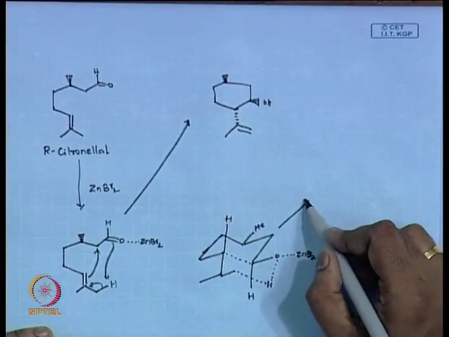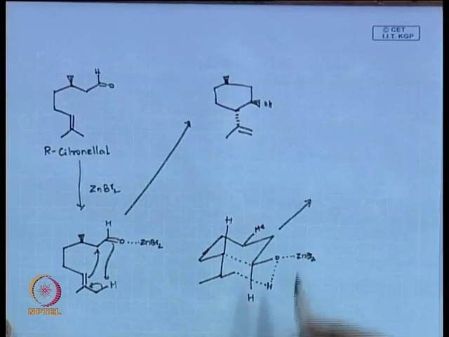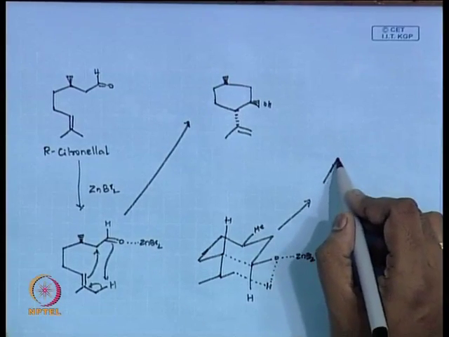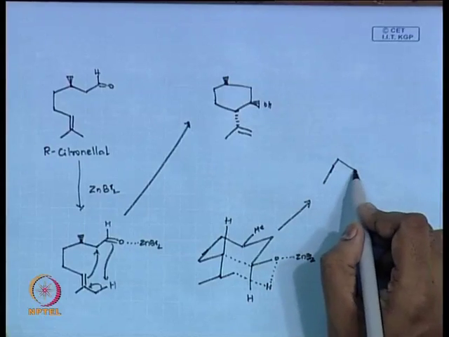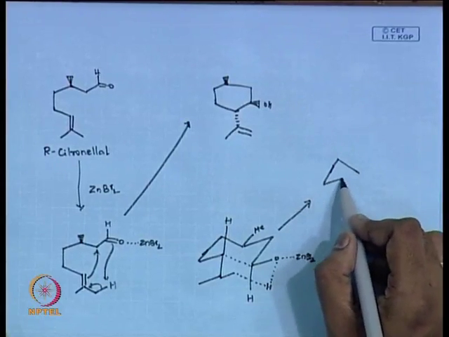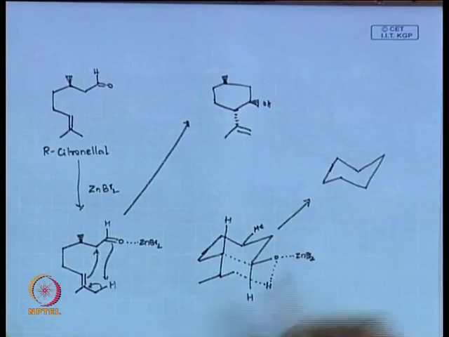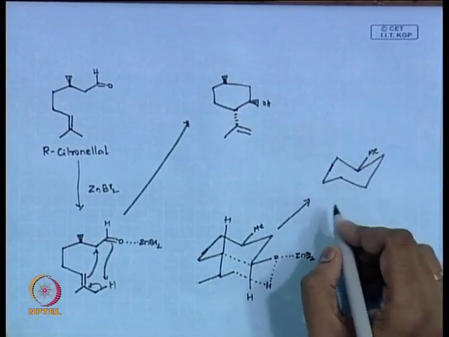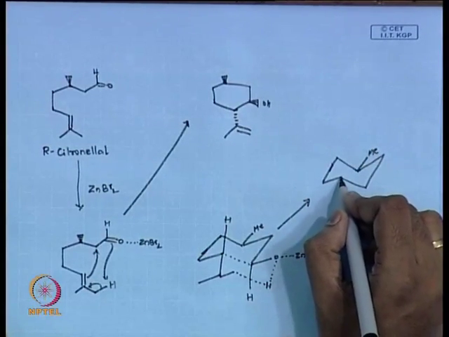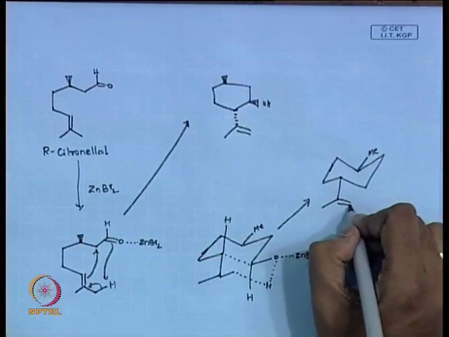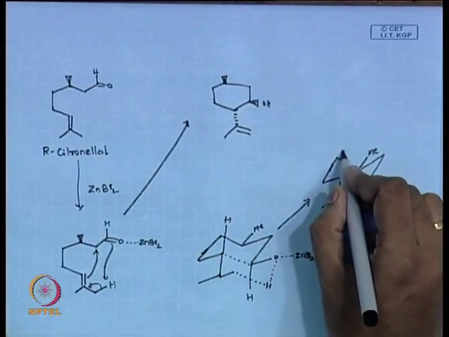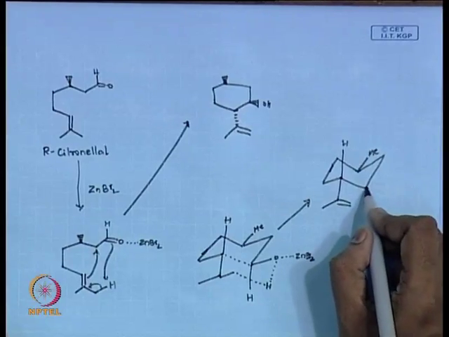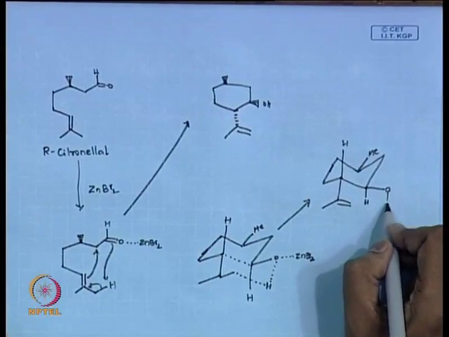Now, if this cleaves, finally what I should get after the ene reaction is, with my methyl in the equatorial position, and this should be my double bond, and I have this hydrogen here with my OH.